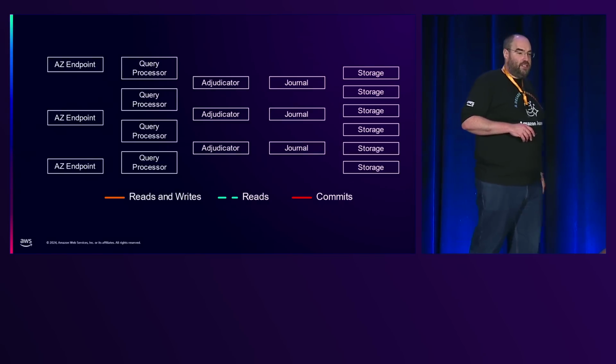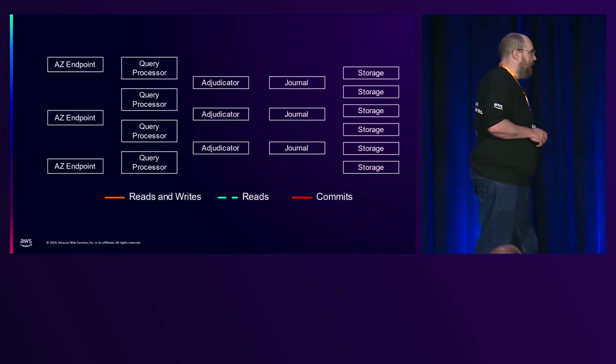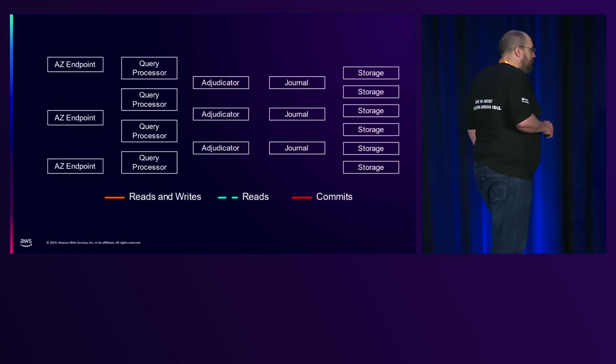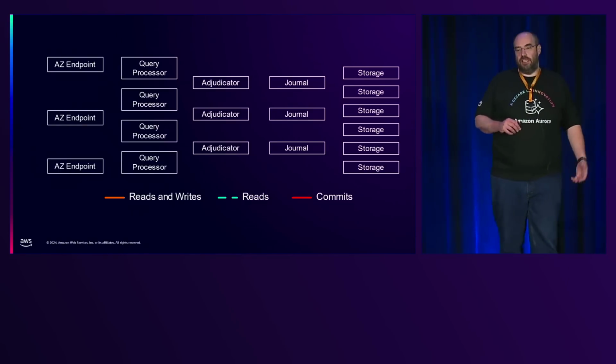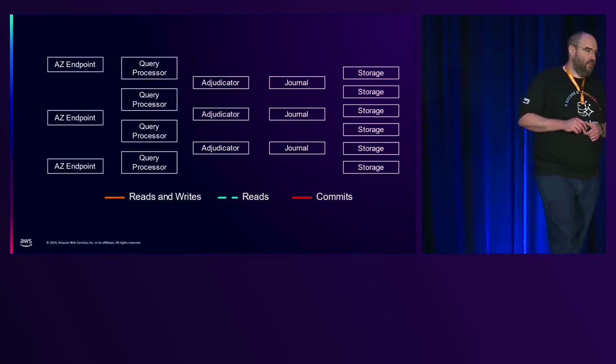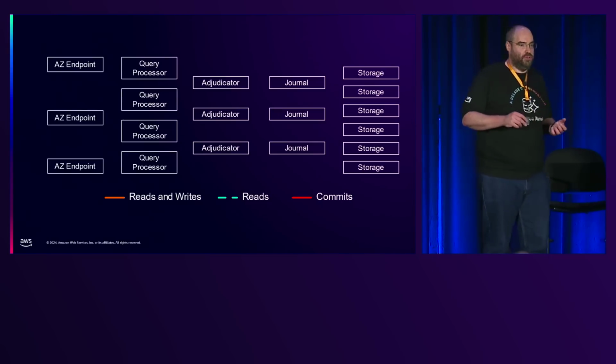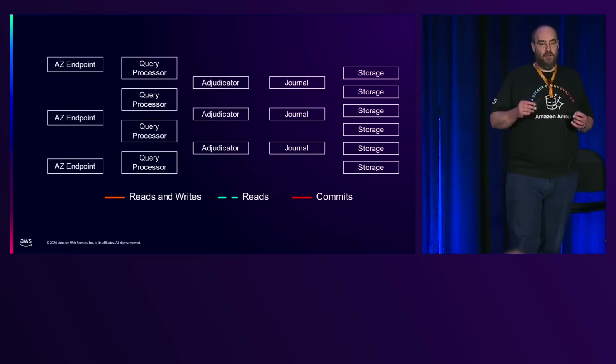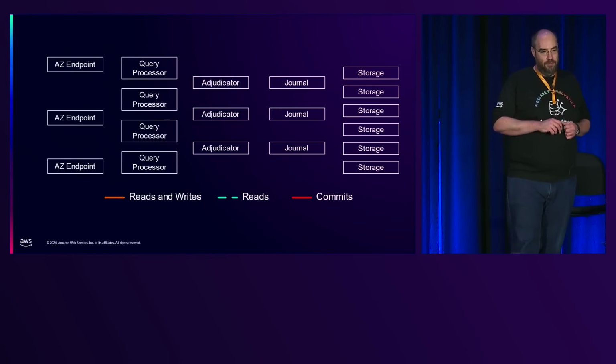So now let's talk about scalability and where scalability comes from. Fundamentally, in distributed systems, scalability comes from avoiding coordination between components. If every component has to talk to every other component for every request, a system is not scalable.